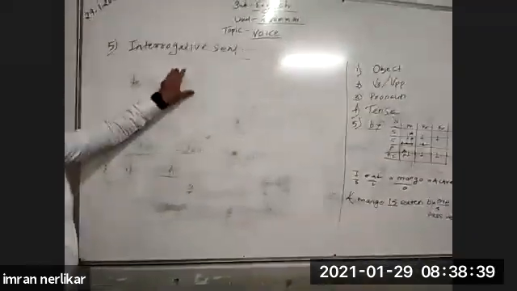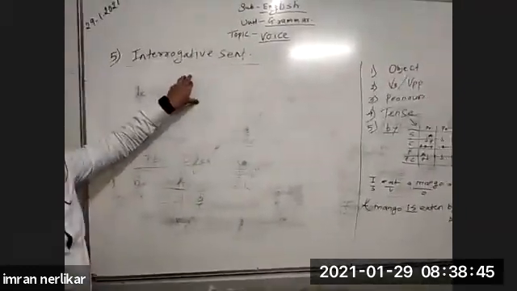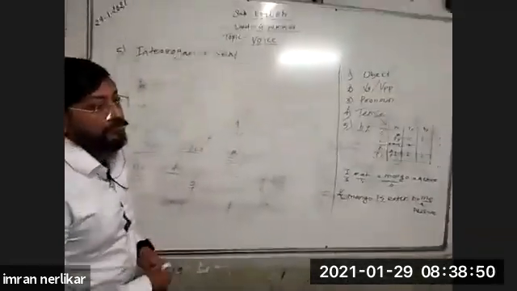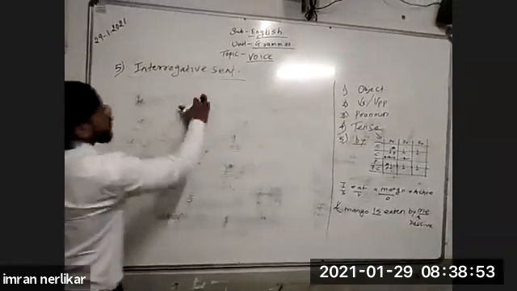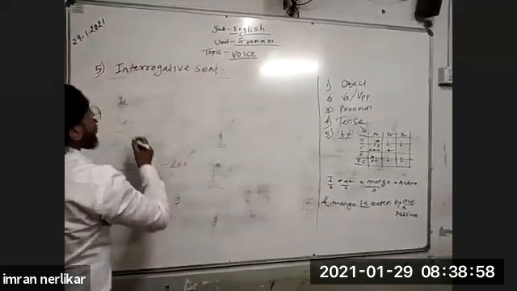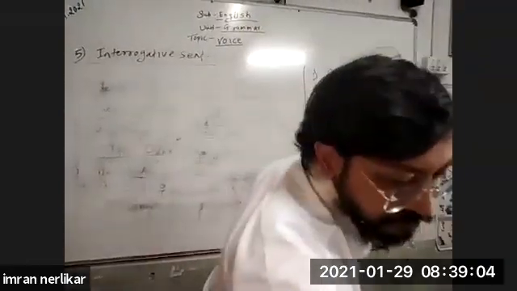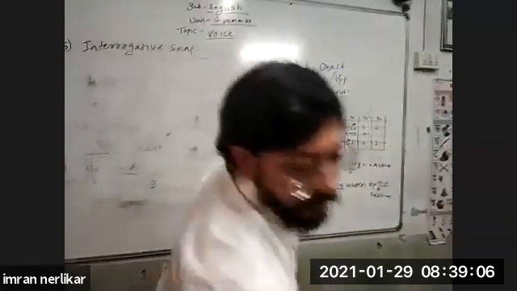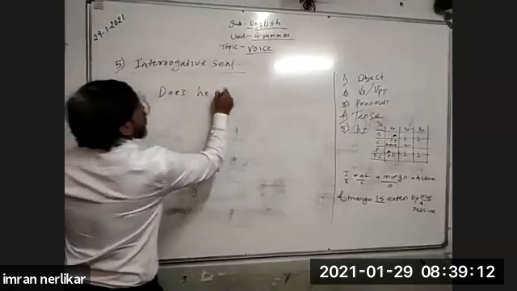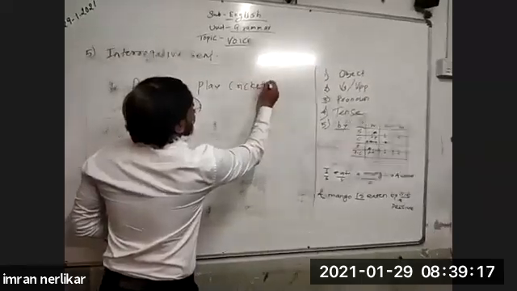Interrogative sentence. First of all, we'll see how to make passive of verbal question. Verbal question, that is yes no type question. For example, we'll take an example.